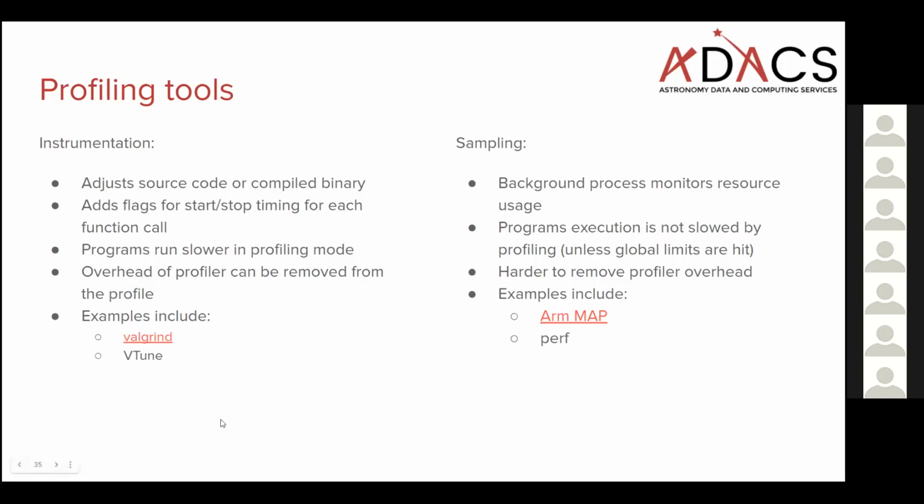The other type of profiling tool is what's called a sampling tool, which is essentially where you run your code in the normal way. You don't change the code itself. You don't change the compiled binary. There are no specific little messages that get sent every time you enter and exit the code. But the sampling approach is to say, essentially every cycle, whether this is a millisecond or second or whatever it is, this background process monitors the resource usage.